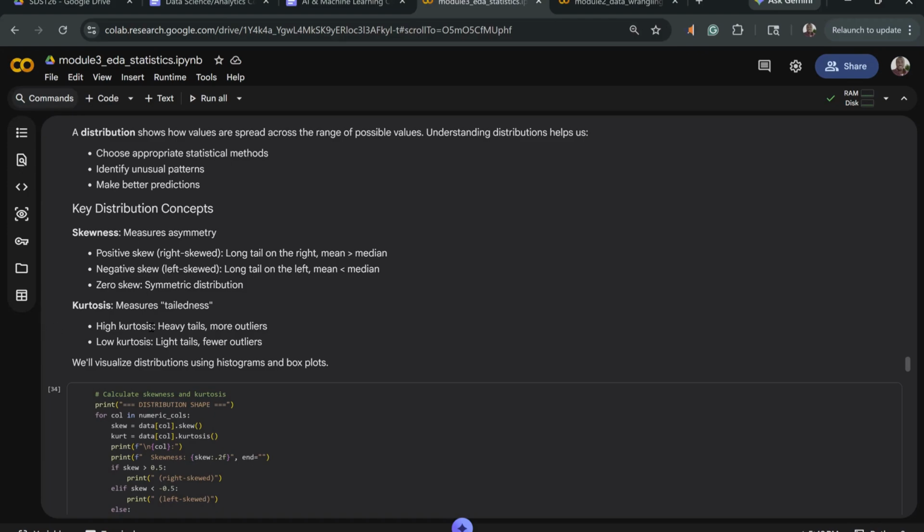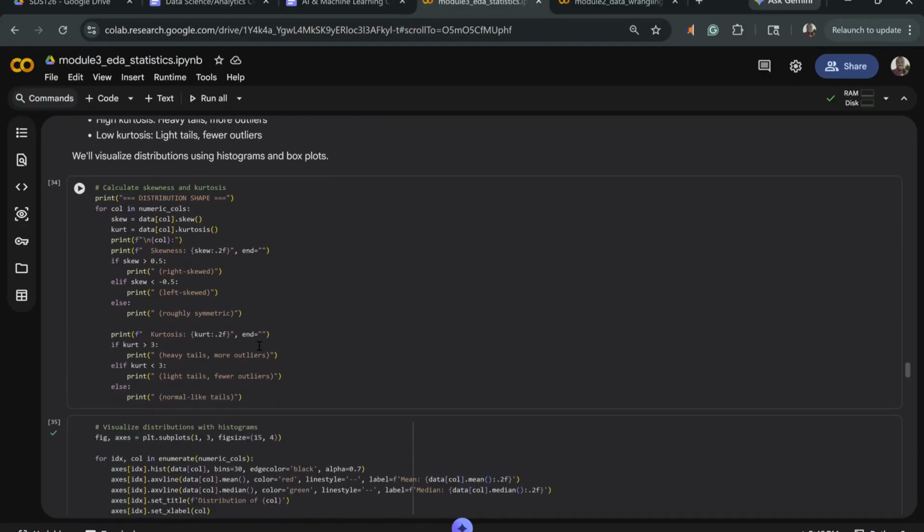If you have a high kurtosis, that means you have more outliers causing the tail to be long towards an extreme left or extreme right. If you have few tails, you call it low kurtosis, and that means we do not have a lot of outliers in our data.